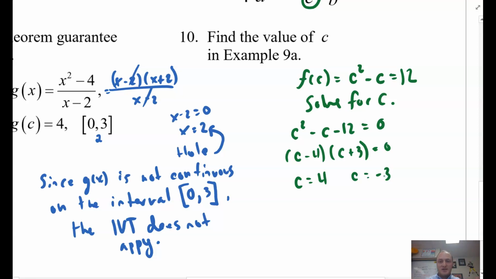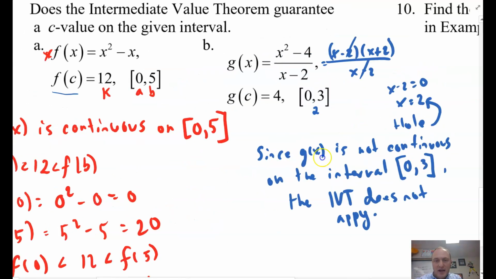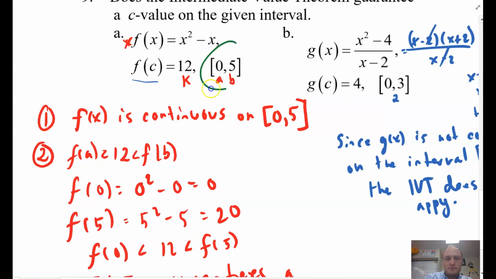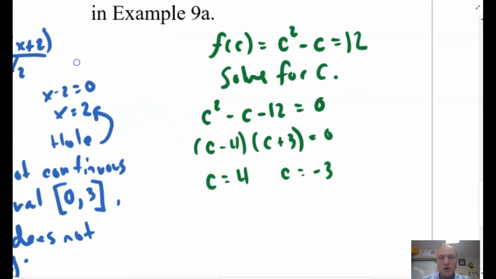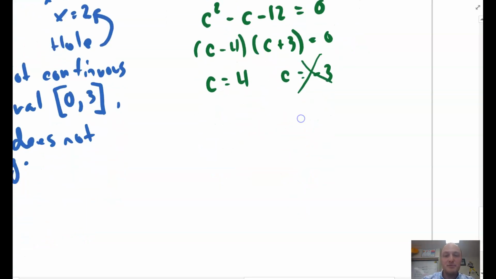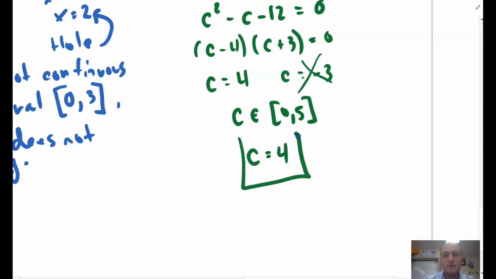But in example 9a, what interval were we looking at? 0 to 5. So which of these two values applies to this problem? It's definitely not negative 3, because negative 3 isn't in the interval 0 to 5. So the c value must be 4. Here's our answer: c is equal to 4.